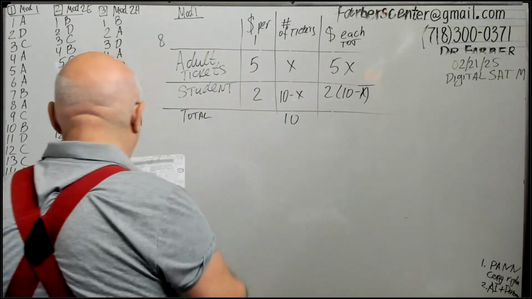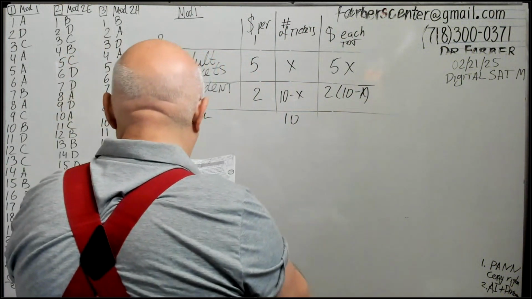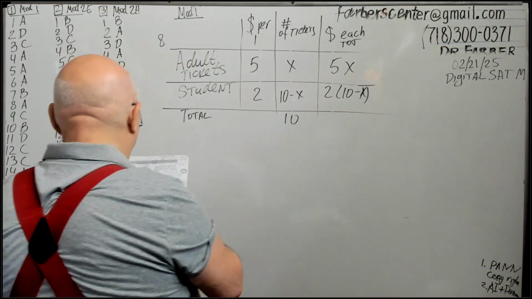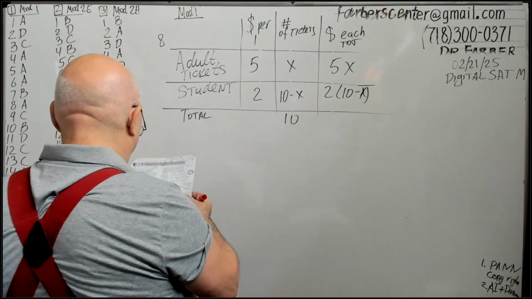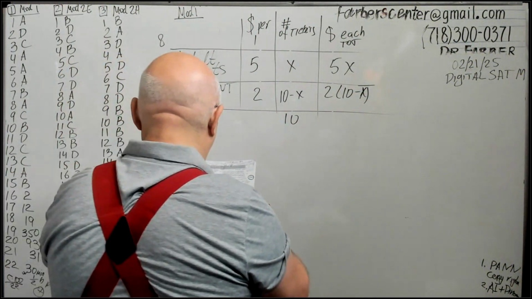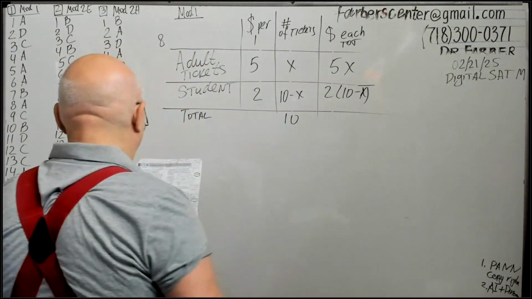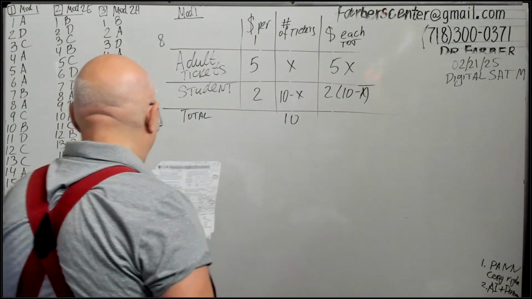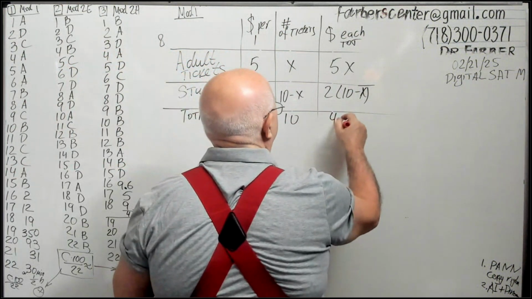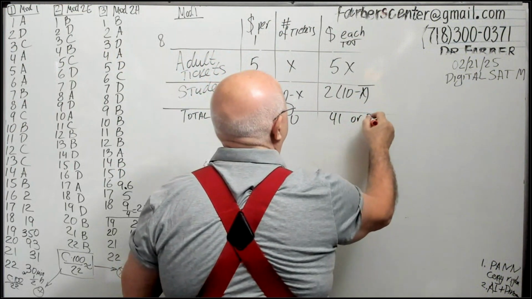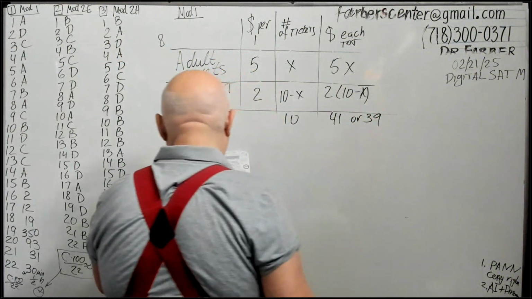We know the total is 39 or 41. Number of students sold for 10. If 41, let's say this is 41, pretend. 41 or 39 total.